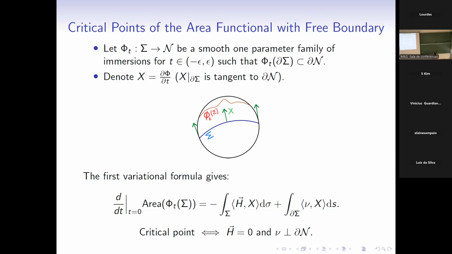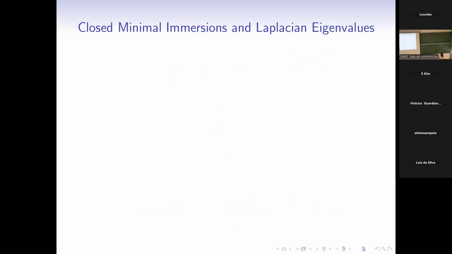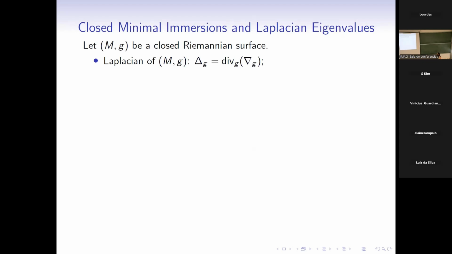Okay, but in this talk, we are interested in the connection between eigenvalue problems and minimal surfaces. And one example of such a connection is the relationship between closed minimal surfaces in spheres and Laplacian eigenvalue problems. So in this context, we have a closed Riemannian surface, so compact without boundary. Given the metric g, you can define the Laplacian.